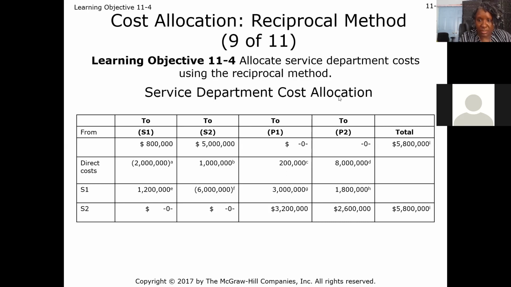What's your opinion on that? Anybody? The question is, in your experience, have you used any type of cost allocation, meaning a service department provides a service to these different departments and your organization wanted to share the cost of that department to other departments? And if you did, by what method did that organization decide to allocate costs?